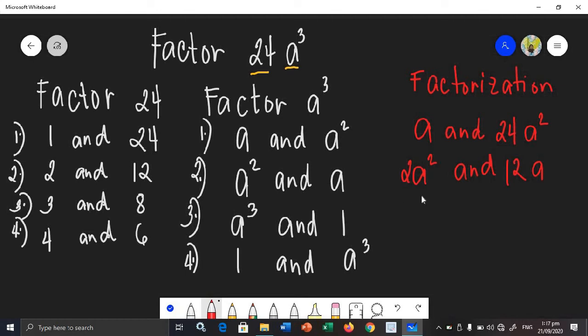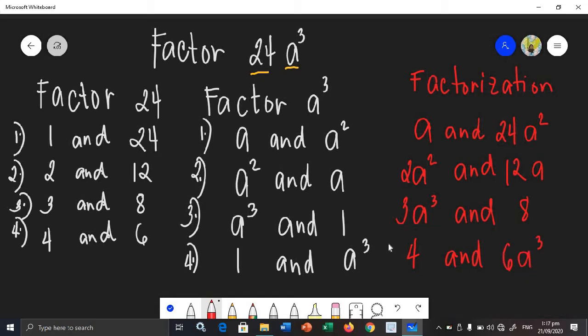In number 3, we can have 3a cube and 8, because 8 times 1 is 8. And then the last one, 4 and 6a cube.